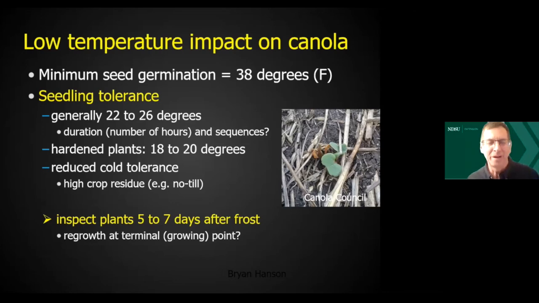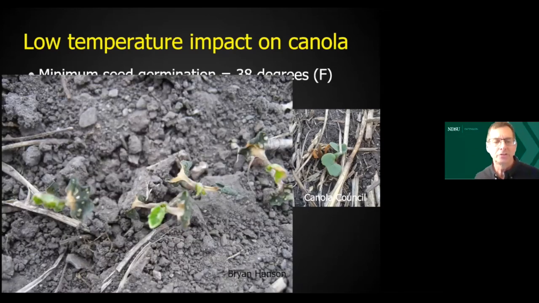And sometimes that's really hard, I know, but if we can wait for several days, even 5 to 7 days after the cold occurrence, that'd be important to see if the plant is going to recover. And so this is a nice picture that was shared by Brian Hansen of frost-affected canola. The cotyledons, of course, look terrible, but if you look closely, you'll see that there's regrowth occurring. And so that's what we'd expect much of the time.